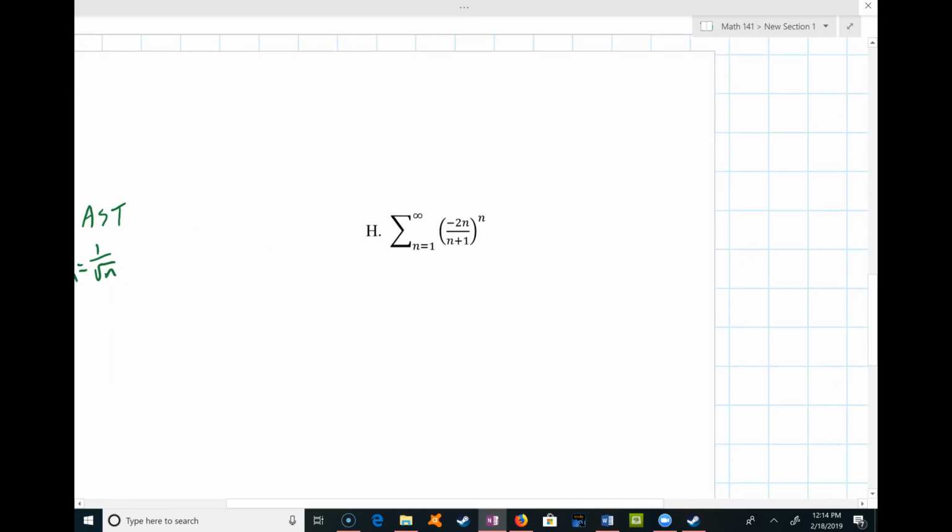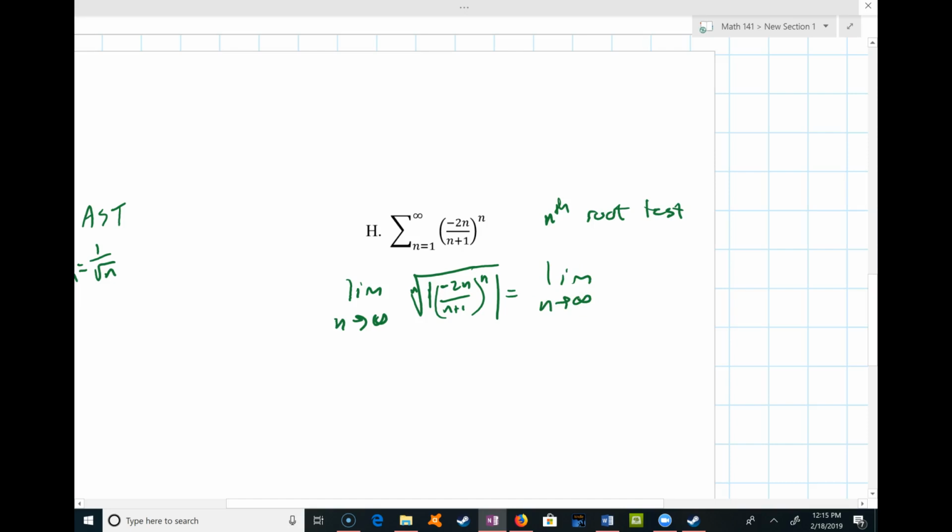So here's another different one. This one I'd use the nth root test on. So you take the limit as n approaches infinity of the nth root of the absolute value of -2 over n plus 1 to the n. Of course that's just equal to the limit as n approaches infinity of, the nth power and nth root cancel out, and the absolute value takes care of the negative.